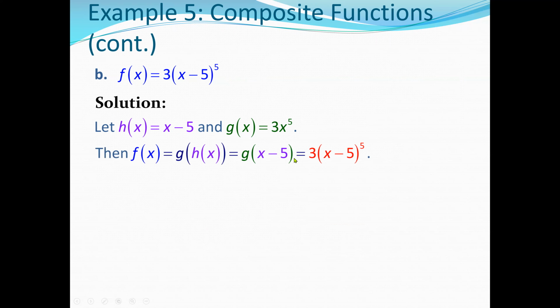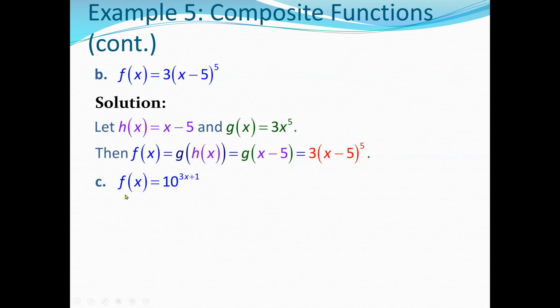So f at x equal to g h at x will give me g at x minus 5, because h at x is x minus 5, which will give again g at x is 3x to the power 5. So first we write down our g, which is 3x to the power 5. Then anywhere we see x, we substitute with h at x, which is x minus 5.